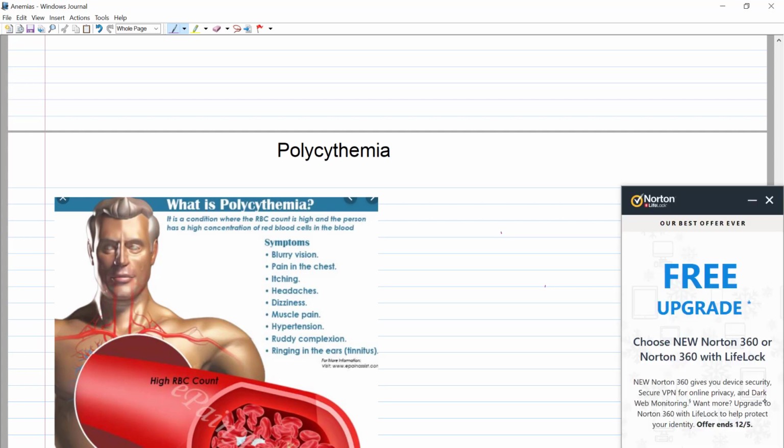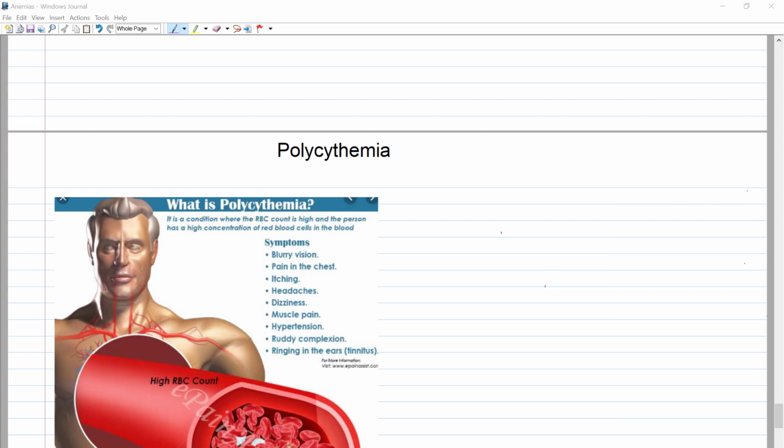So just knowing that there is an increased concentration of red blood cells in the blood, you know that it can lead to hyperviscosity of the blood and hypervolemia.